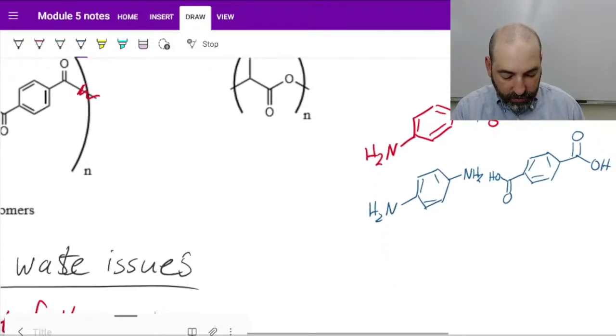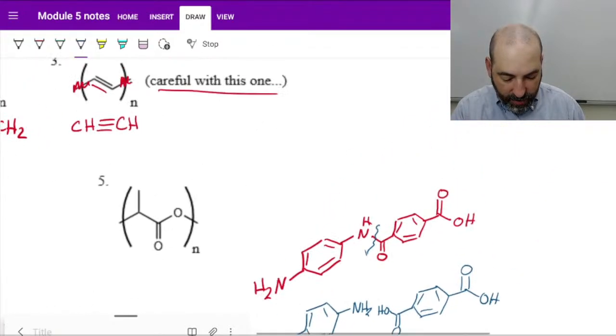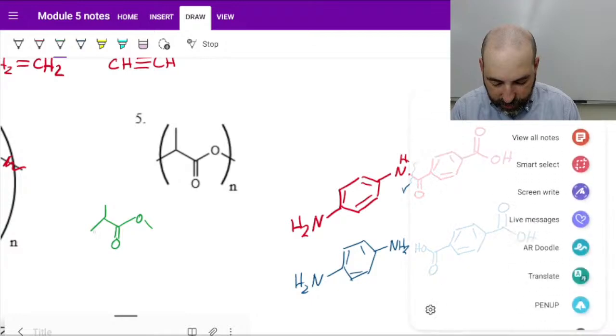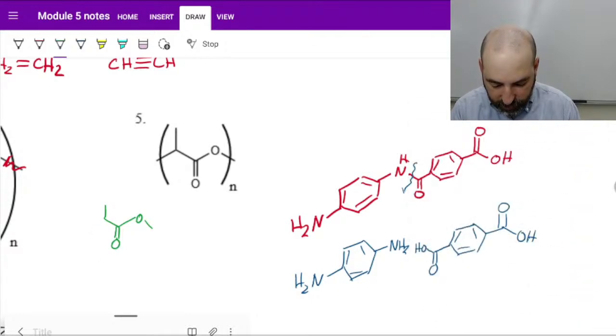So let's draw out a couple of it just so we can see what that would look like. So what happens here is, actually I'm going to delete that one. So we could have the O going down here, and then that would connect to another one of these carbons right there.